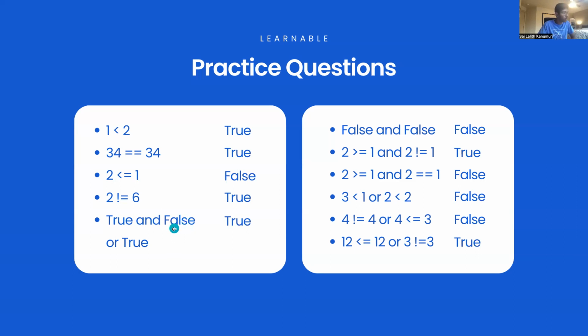So true and false is false, because for it to be true, both sides have to be true. But if this is false, then the entire expression is false. So it's false or true. We learned that for or, even if one of them is true, the entire statement is true. So because it's false or true, it's true at the end. So the answer is true.